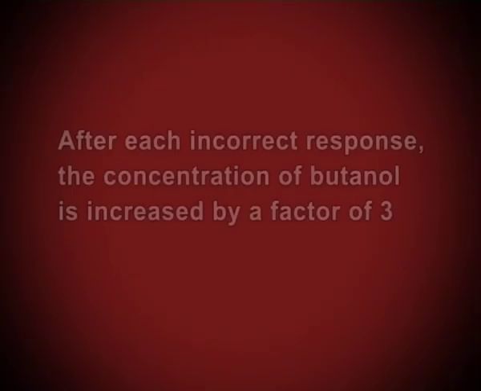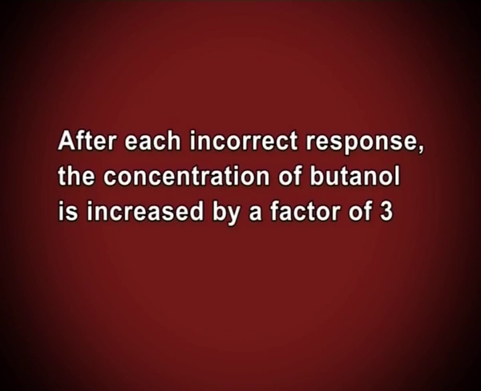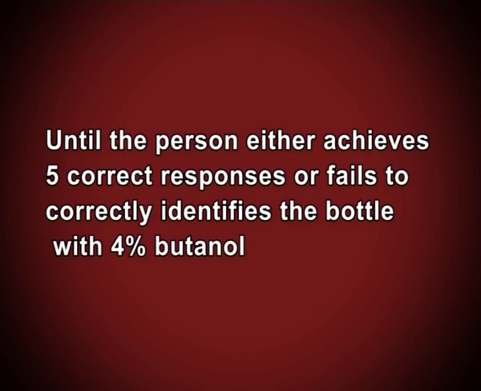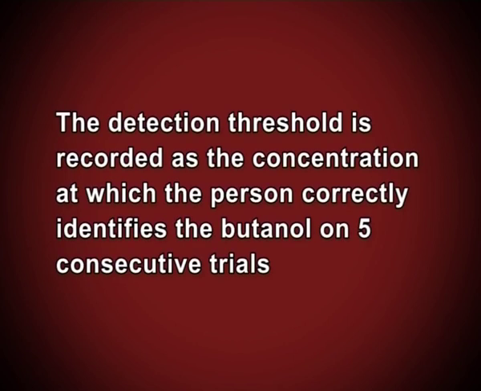The person is asked to identify the bottle containing the odorant with each nostril tested separately. After each incorrect response, the concentration of butanol is increased by a factor of 3 until the person either achieves 5 correct responses or fails to correctly identify the bottle with 4% butanol. The detection threshold is recorded as the concentration at which the person correctly identifies the butanol on 5 consecutive trials.